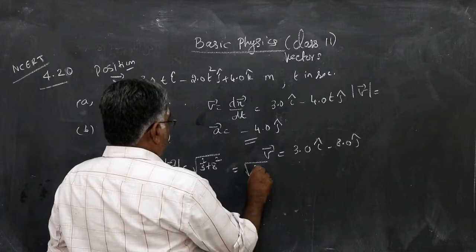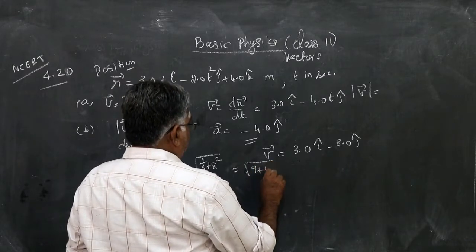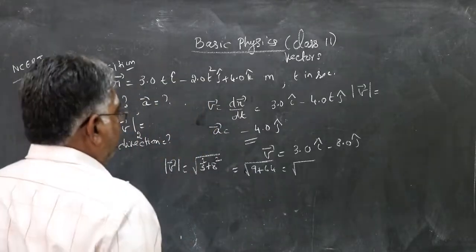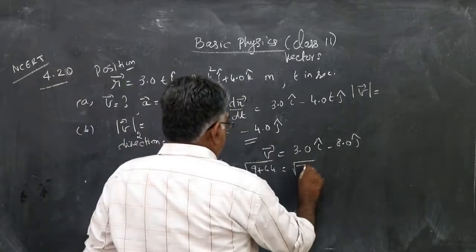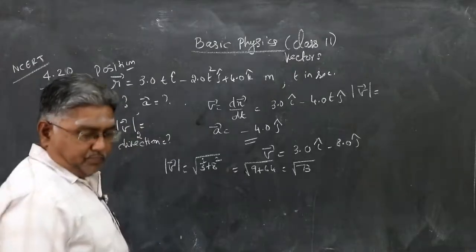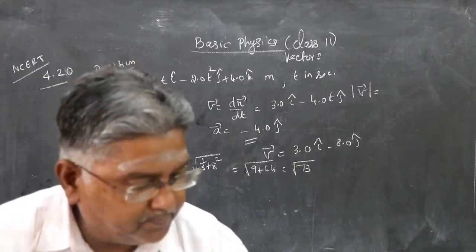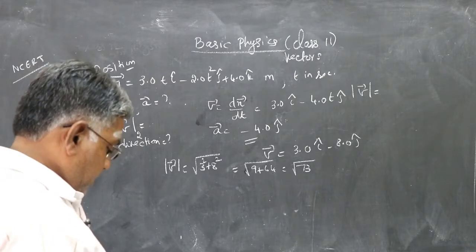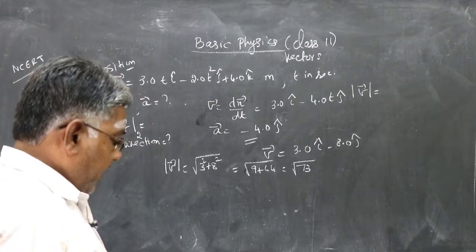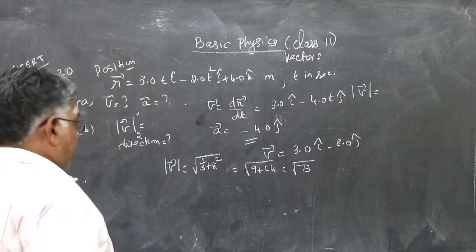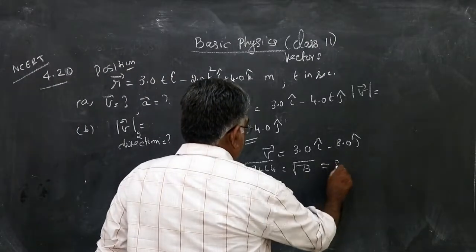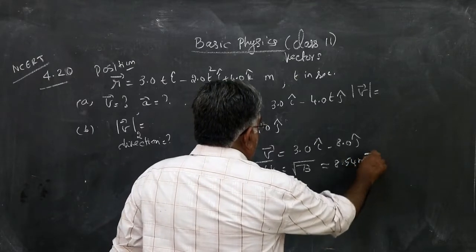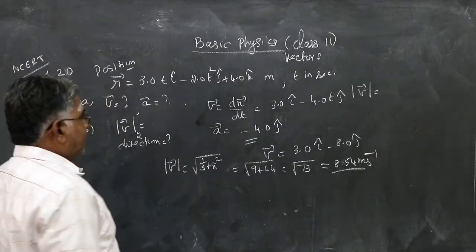So this is root of 9 plus 64, which will be root of 73. This is the magnitude, which is 8.54 meter per second. And the angle is asked.